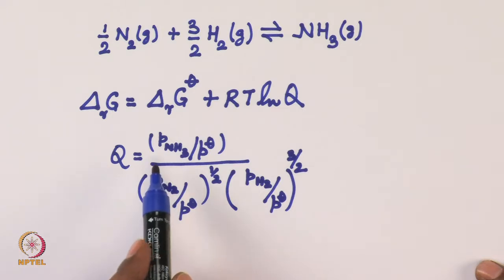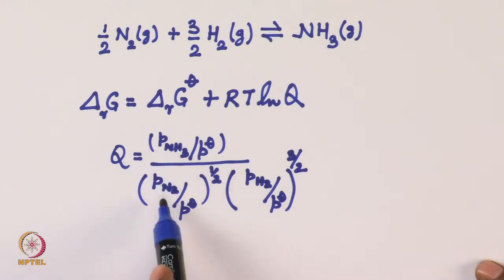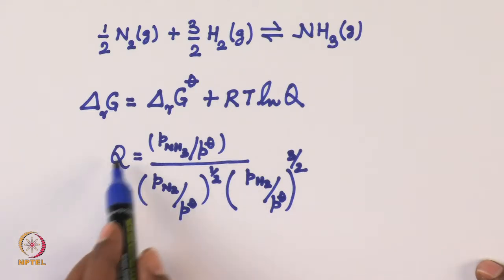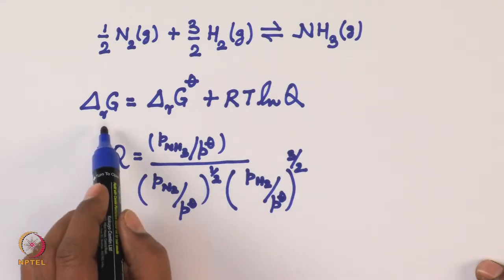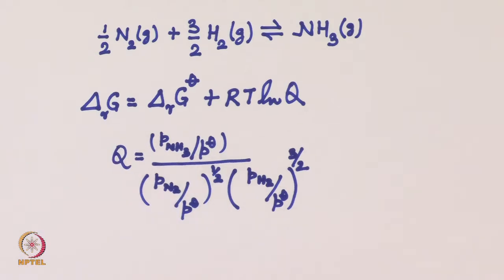And now we have been given the partial pressure of ammonia, and the partial pressure values of nitrogen and hydrogen, which we can substitute in this and find out whether delta R G turns out to be positive or negative. Let us see what we get. We go back to the slide.